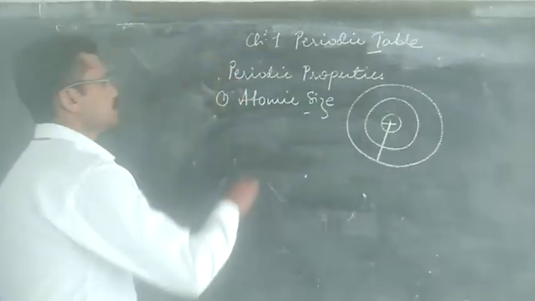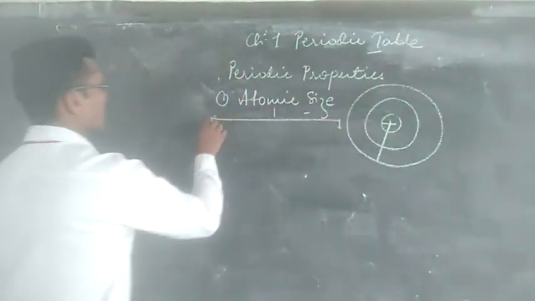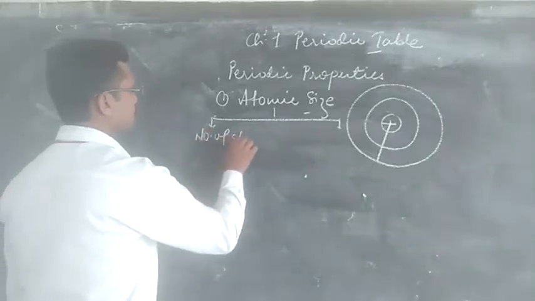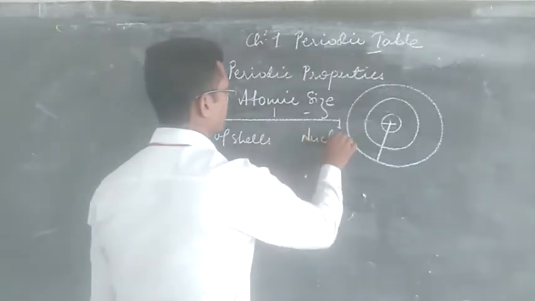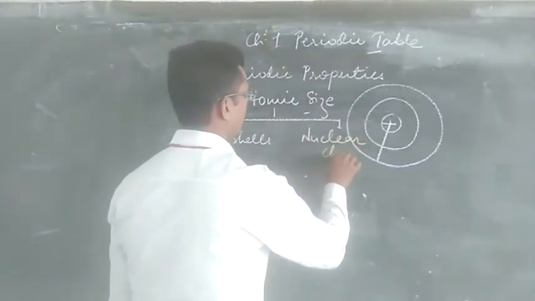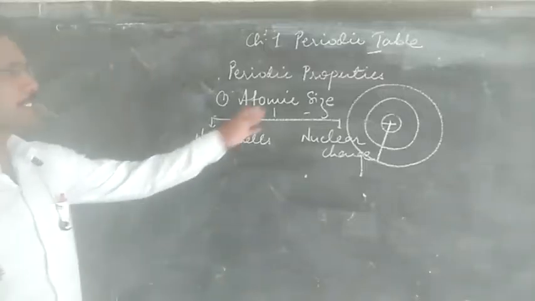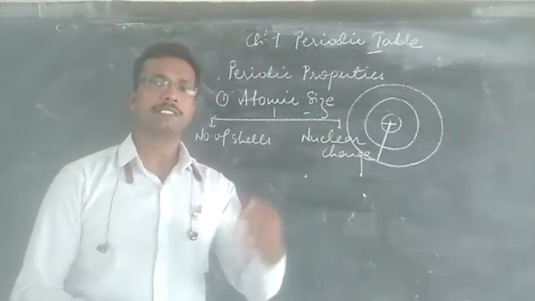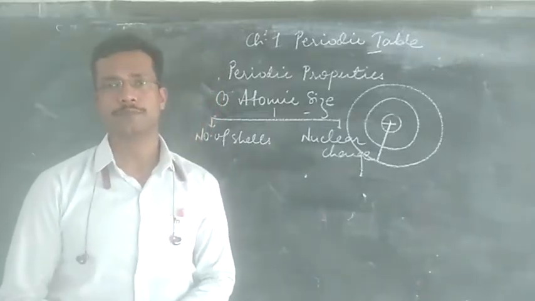Now, atomic size of any atom depends on two factors. It depends on the number of shells and nuclear charge. The number of shells is the number of orbits around the nucleus, and with the increase in the number of shells, the atomic size will also increase.